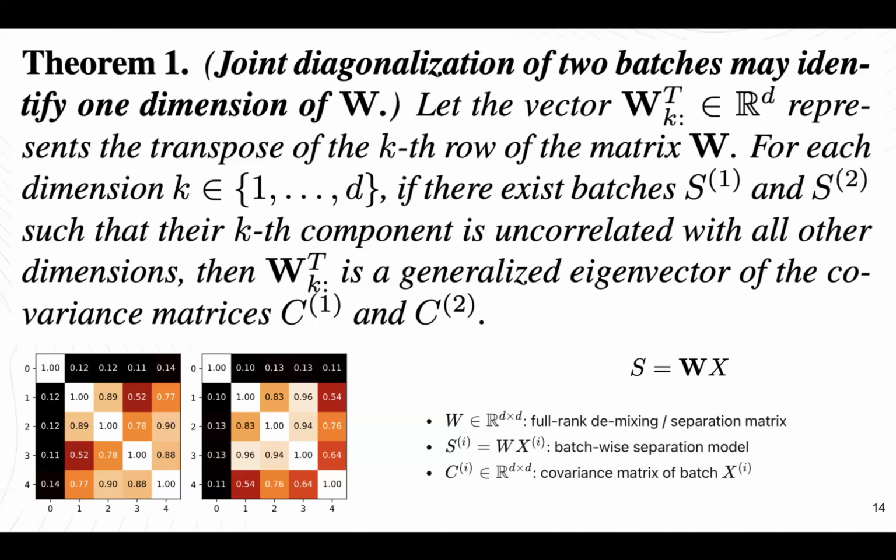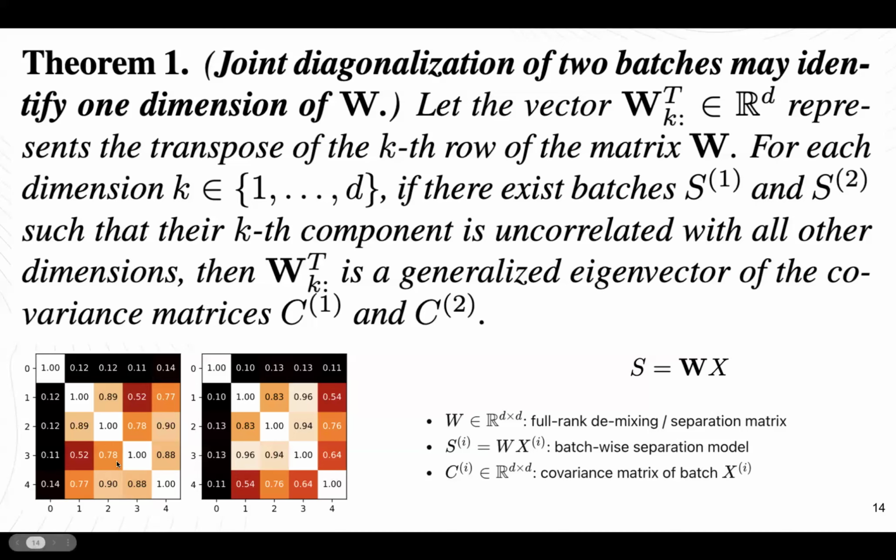If there exist batches B1 and B2 such that the source on those two batches and the covariance of those two batches, like S_B1, S_B2. But the statement is that the uncorrelated part will be in the source space, not in the mixture space. The mixture will still correlate. Yes, it's a notation problem. Maybe you can update it in the paper as well. Yes, for sure. Or call it the ground truth batch.